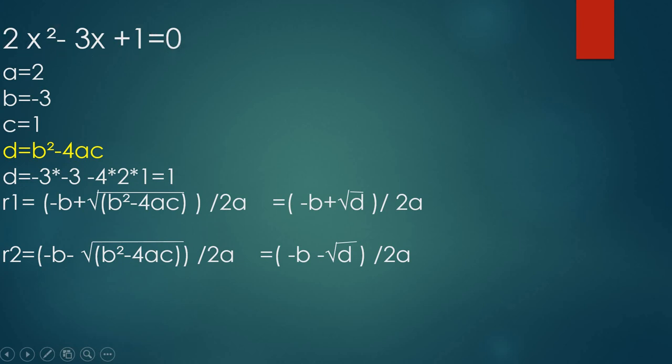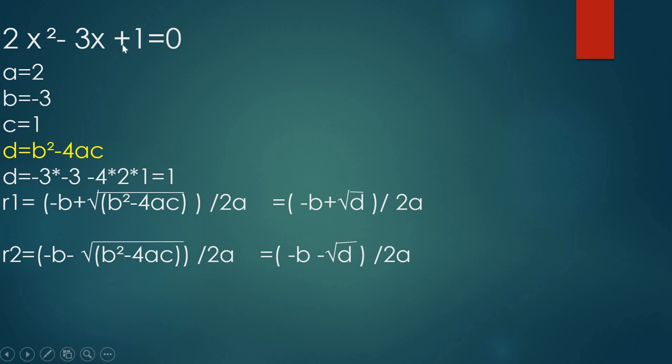According to this equation, what is the value of a? Ax square plus bx plus c. Then a is equal to 2, meaning the coefficient of x square is a, that is 2. Then what is the coefficient of x? Minus 3. So b is equal to minus 3.